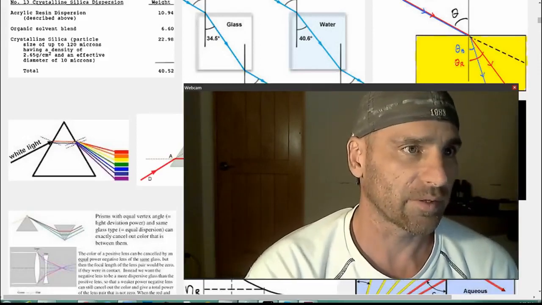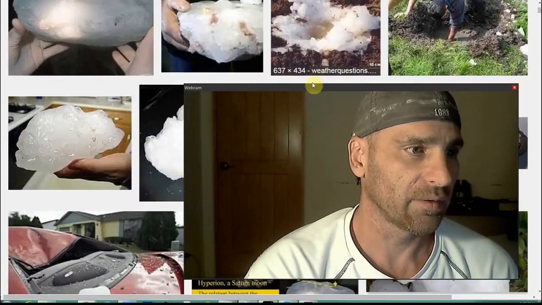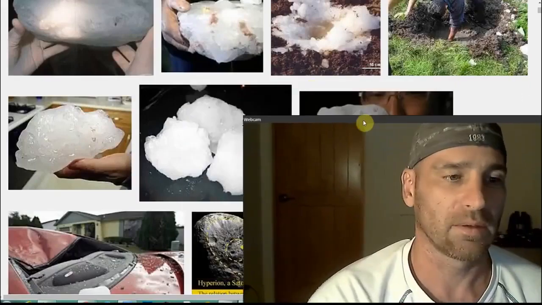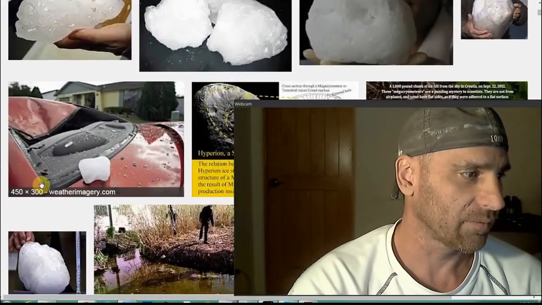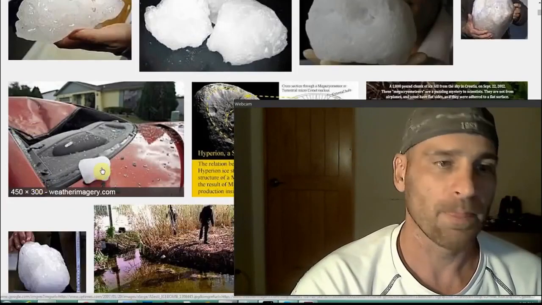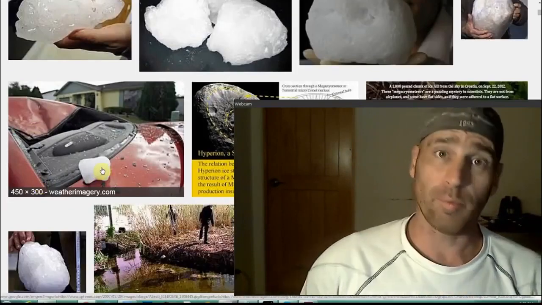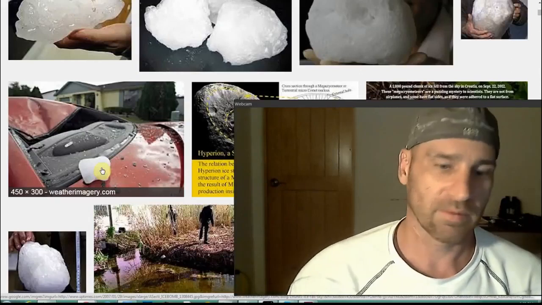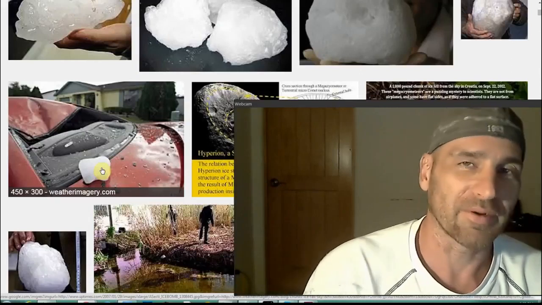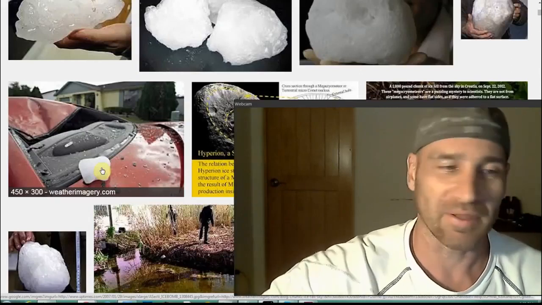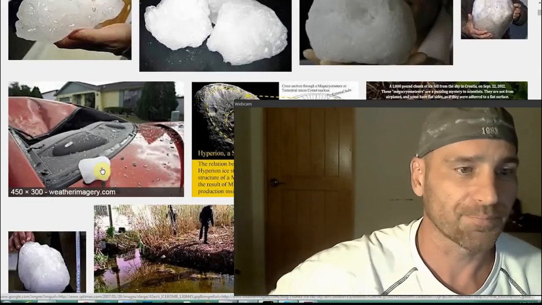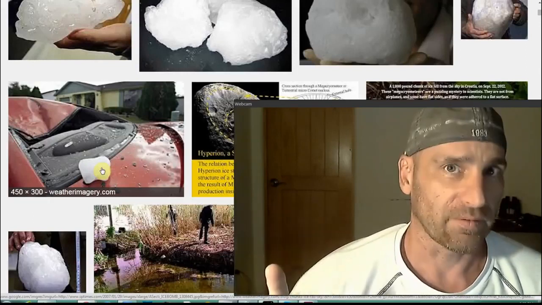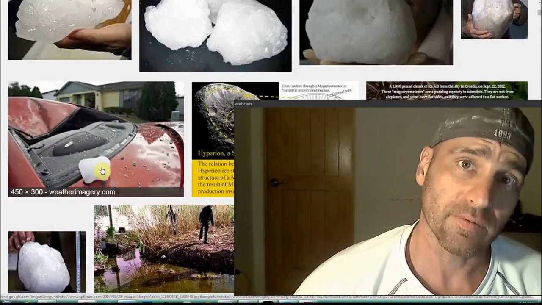Let's find some pictures of megacryometeors. Look at that, they're opaque. This one fell on the Mustang. Remember that one in Florida? So how can an opaque ice be covering up the glass sky? How does the sunlight penetrate through? It's got to be transparent, right? Yes, it does. And it is.